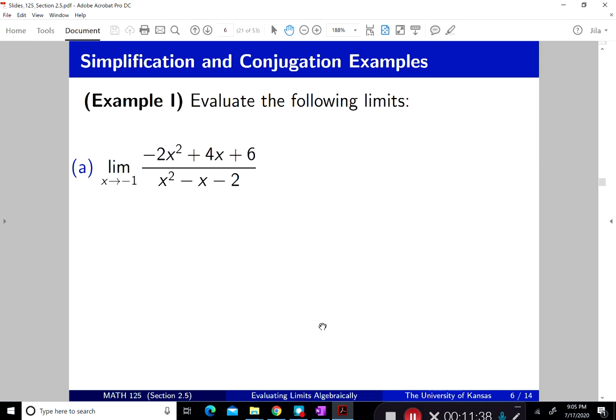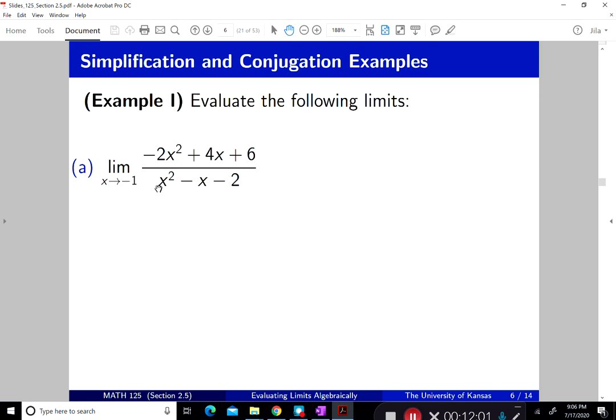This is the limit as x approaches -1 of this polynomial divided by this other polynomial. If you plug in -1 in the top polynomial, you will end up with -2 times -1 to the power 2 plus 4 times -1 plus 6, and that is equal to 0.